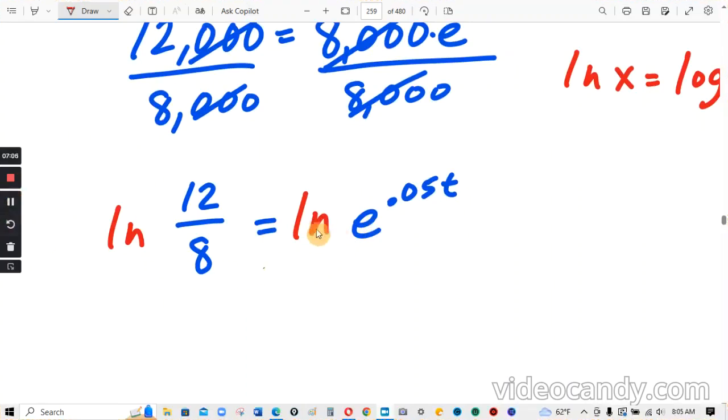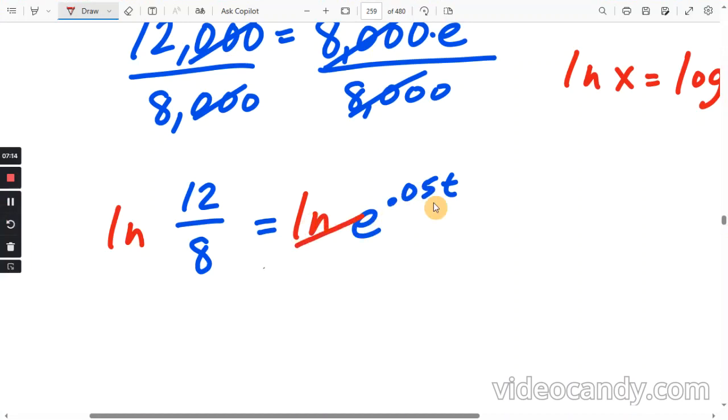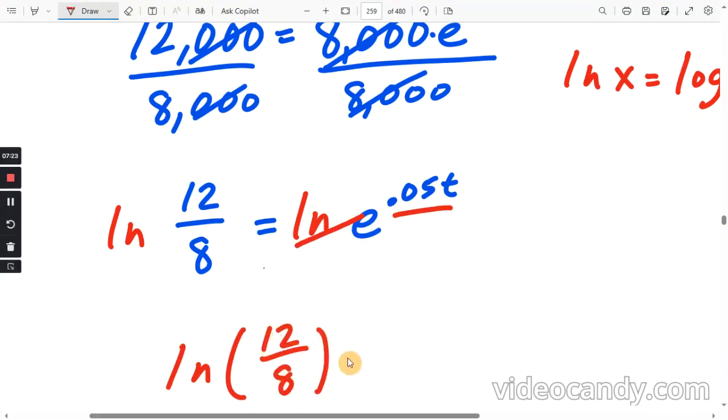Remember, if the base of the log matches the base of the number that has the exponent, it just cancels. So this is log base e, and that's base e, so that just cancels, and you are just left with the exponent. Okay, so we have the natural log of 12/8, and that equals 0.05t.